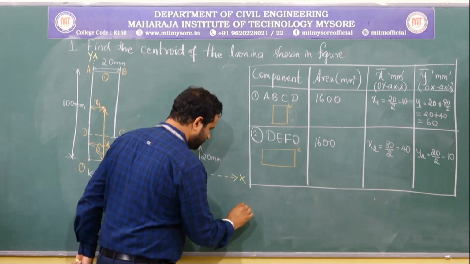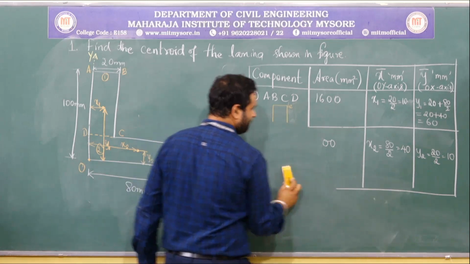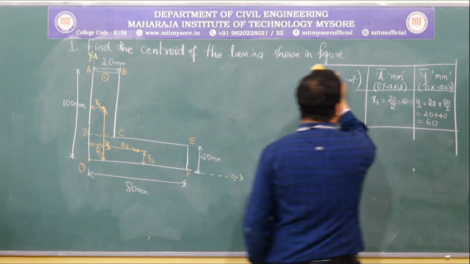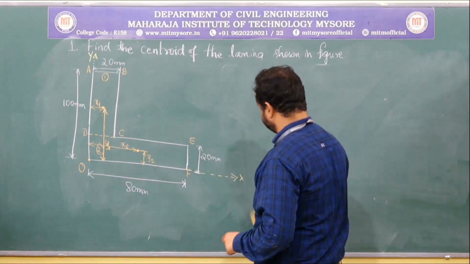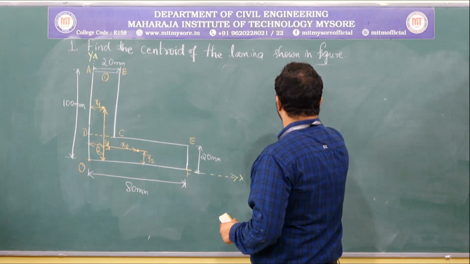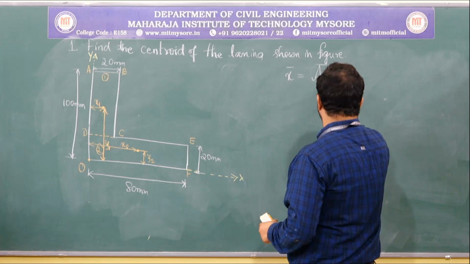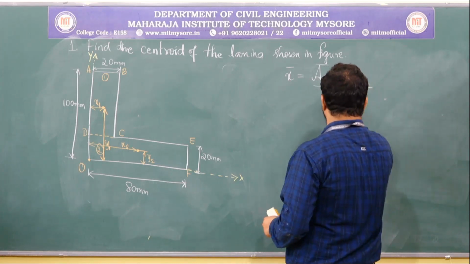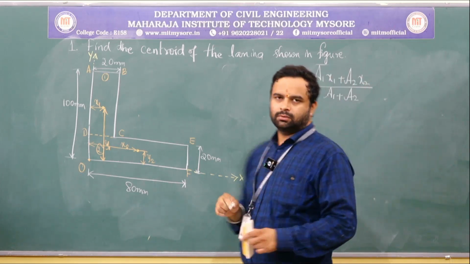So now let me erase this. X bar is given by A1 x1 plus A2 x2 divided by A1 plus A2.